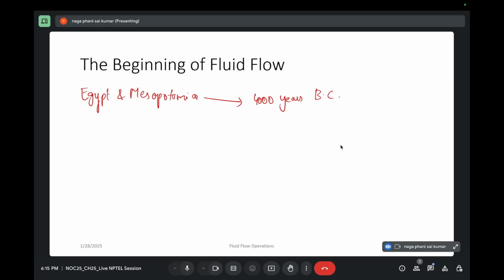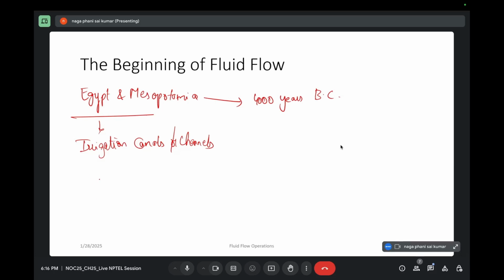They used fluid flow for irrigation canals or channels. So from there, the fluid flow operations started. They used these irrigation canals to transport fluid effectively from the reservoir to the place of irrigation.